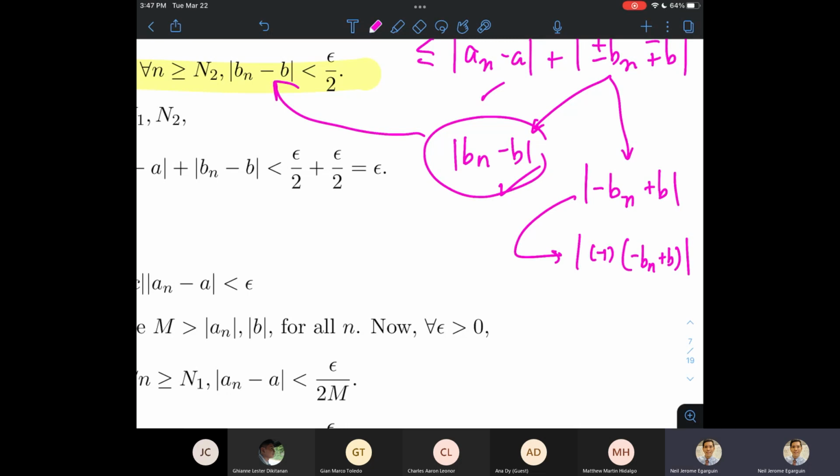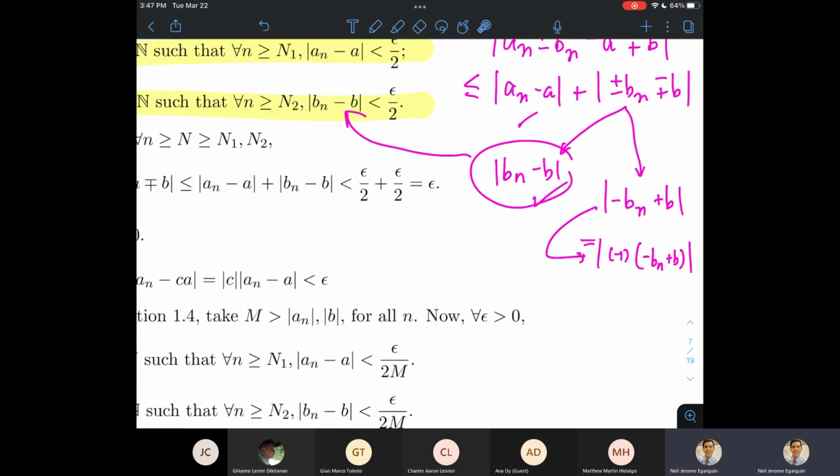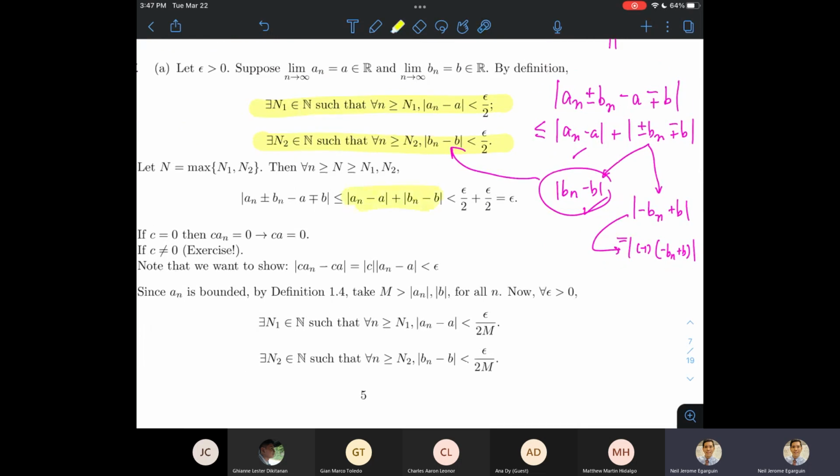Pwede ako mag-multiply ng negative 1 and still the answer is equal to the previous absolute value. So pag nag-multiply ako ng negative 1, magiging absolute value ito ng b minus bn, which is the same guy as what we have when we apply the definition of the limit being equal to b. Alright? Kaya ako nakuha itong inequality na ito.